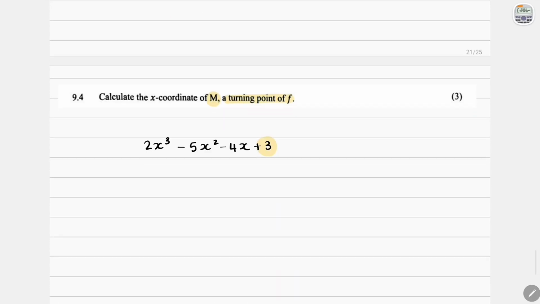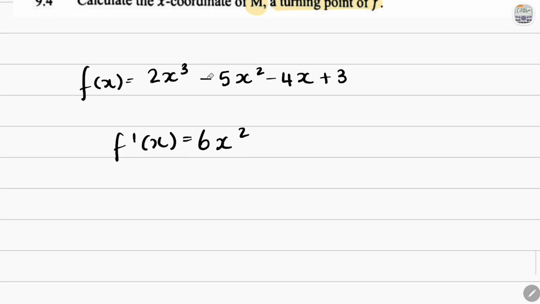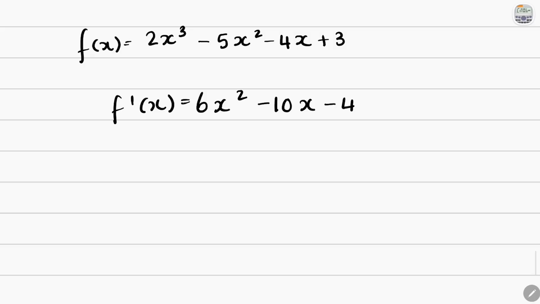Find f prime of x. And let's just write this as f of x. If this is f of x, then f prime of x is, we're going to say 6x squared, okay, coefficient times exponent. And then same thing over here, negative 10x, and then minus 4. And the turning points occur where the gradient is specifically equal to 0.